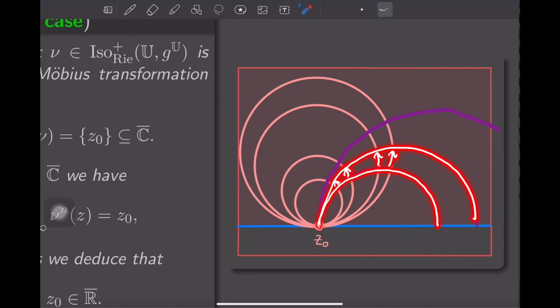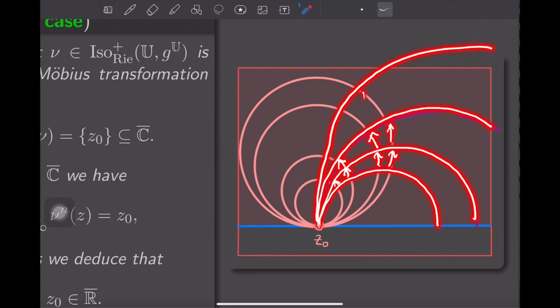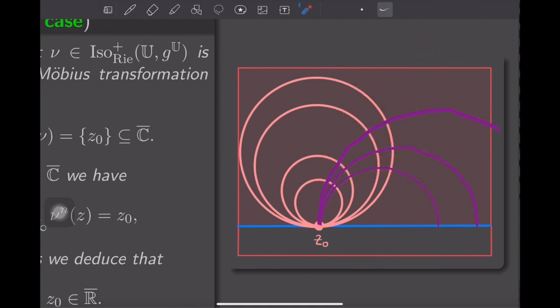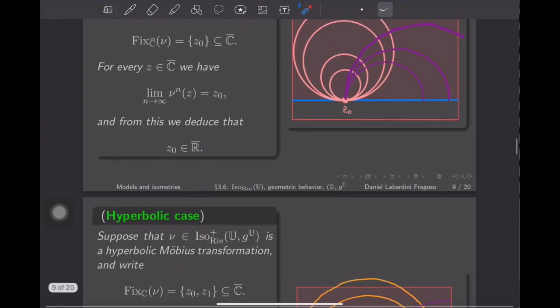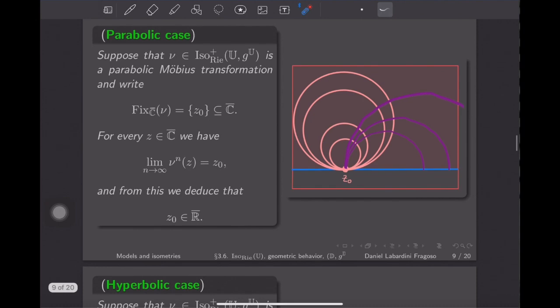And then the second iteration would move it to another such, like this, etc. Let's say another one, although my drawing is far from perfect, and so on. And then somehow things eventually start to come back after a while. So that's the parabolic case.